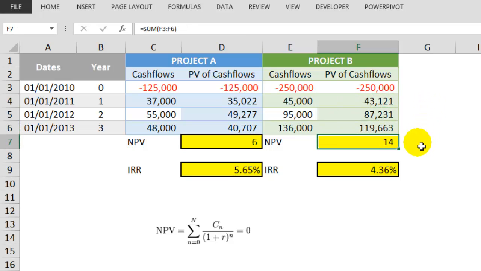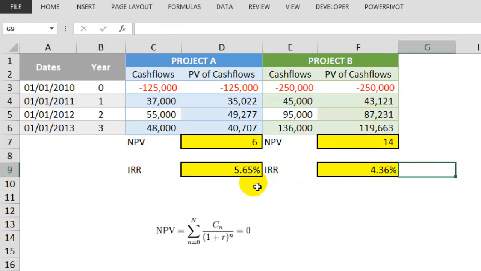Again, there is a small difference due to rounding off. So we can say that the internal rate of return for project B is 4.36%, while for project A it is 5.65%.